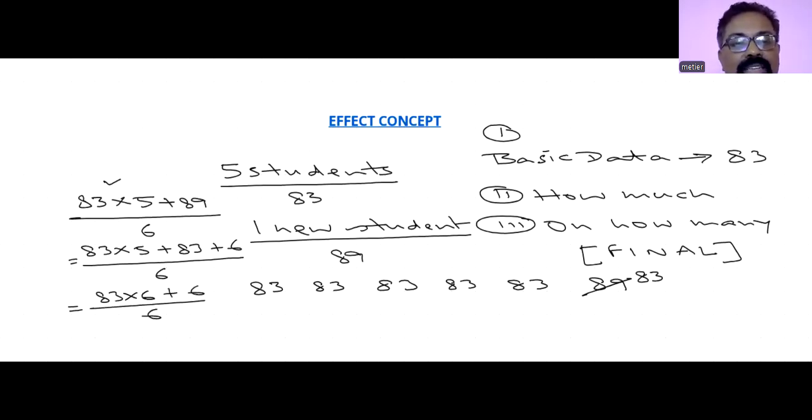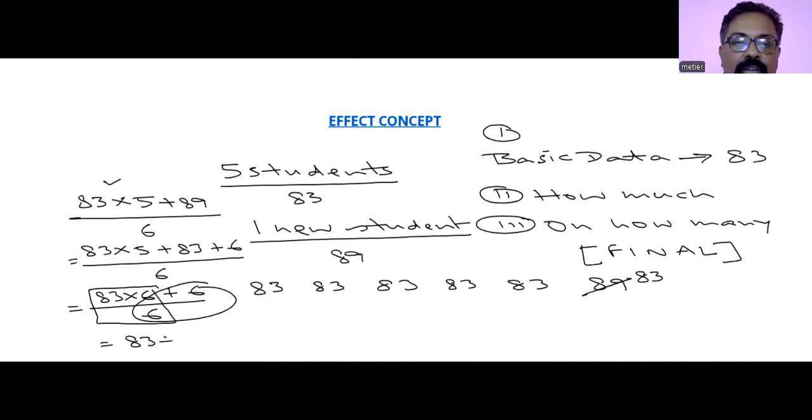So 83 into 6 by 6 gives you 83, and 6 divided by 6 gives you plus 1.